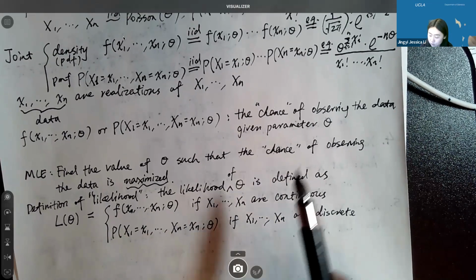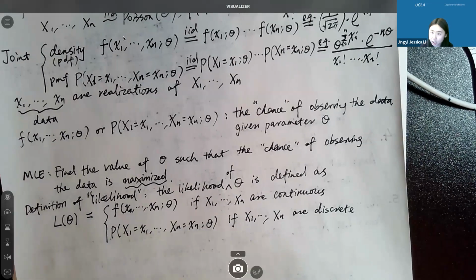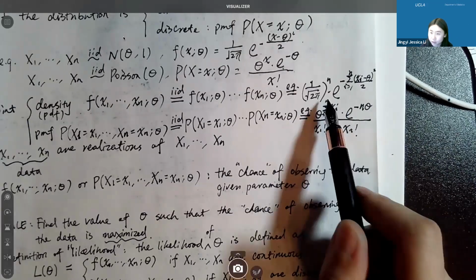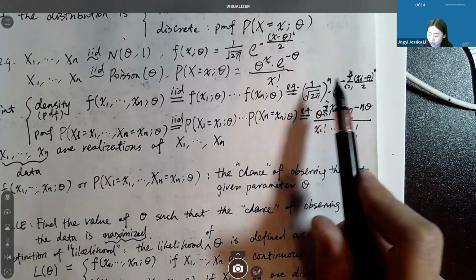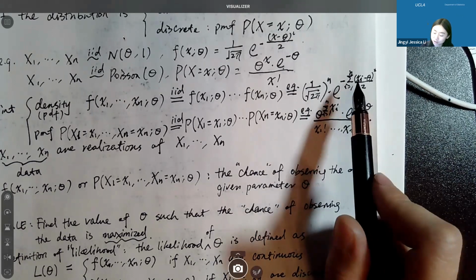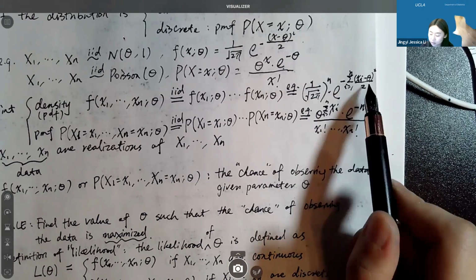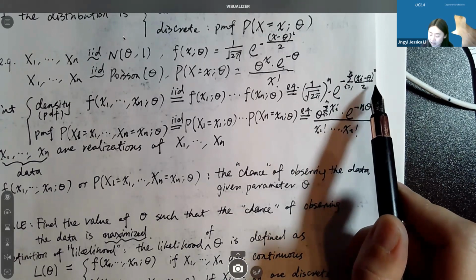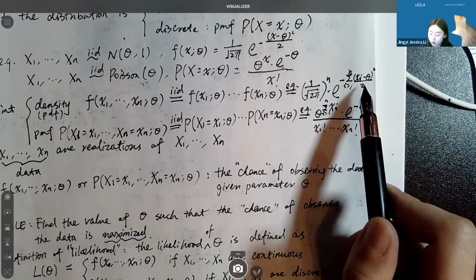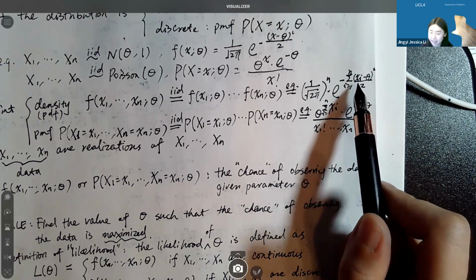So we just consider the same mathematical expression in another way. Let's look at this formula. If we interpret this function as a function of x1 to xn, then we treat theta as a constant instead of an argument of the function. But when we say it's a likelihood of theta, we are treating theta as the argument, which can change, and we consider the small x1 to small xn as fixed.